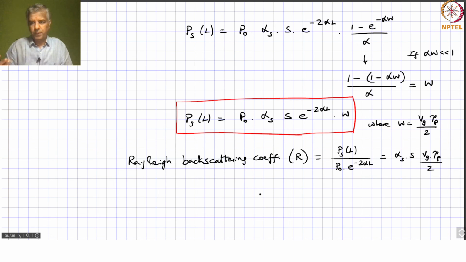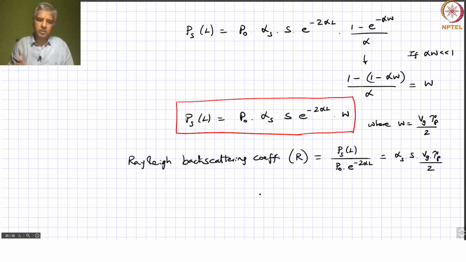Now in a practical sense, what you are interested in is the backscattering coefficient in a dB scale, and you also want to make sure that you normalize with respect to the pulse width, because the pulse width is a parameter that you want to be changing. None of these other things you can change. It's actually characteristic of the fiber that you have chosen. But the pulse width is a parameter that you can change. So you want to normalize this with respect to the pulse width.